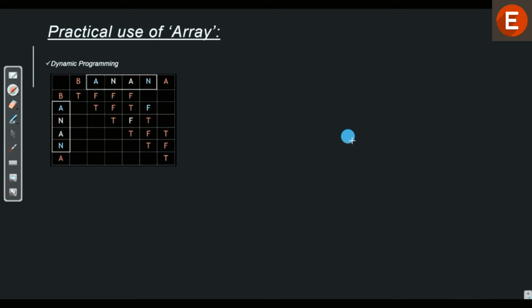Now what do we mean by that? Let's say we are given a problem, and the problem is that we are given a string, let's say banana, and we are told to find out the biggest substring of this string which is a palindrome. Now what is a palindrome? A palindrome is a string which is spelled the same way from both the sides.